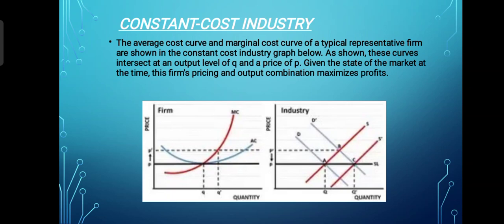At first glance, it might seem that a constant cost industry is nothing more than an abstract possibility and quite removed from reality. This is because we are taught that supply curves are upward sloping and that any increase of output must come with higher costs and prices. This is true in most cases.